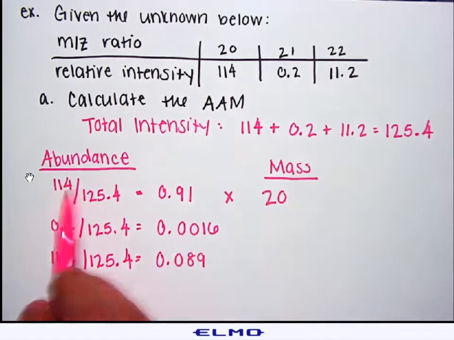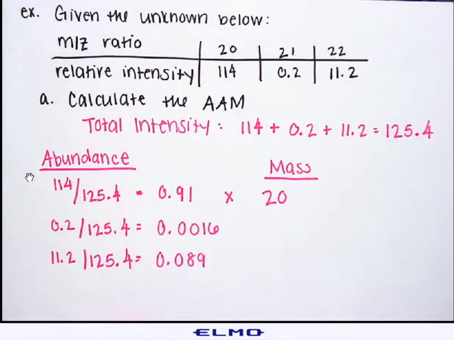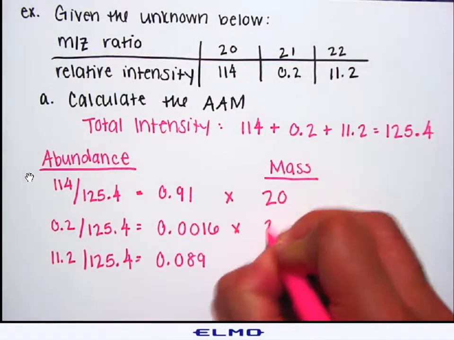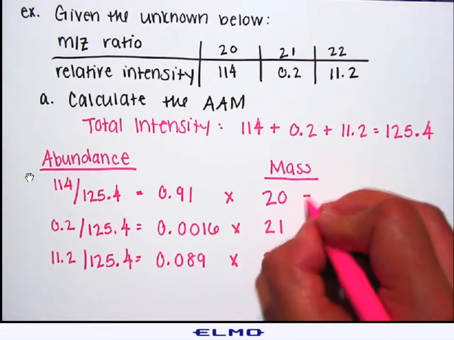The isotope with a relative intensity of 114 has a mass of 20. And so on and so forth.